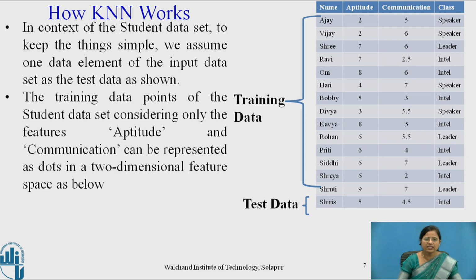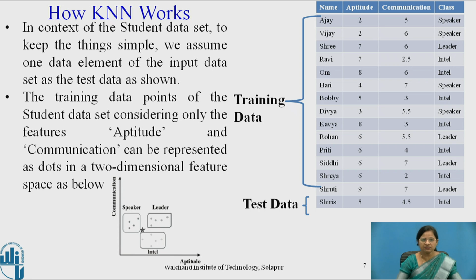The last row with name Shirish, aptitude marks 5 and communication 4.5, we will consider as test data. The training data points of the student dataset, considering only the features aptitude and communication, can be represented as dots in a two-dimensional feature space, which is given here. In this two-dimensional feature space, we can see that the data points which are close to each other are clustered together.